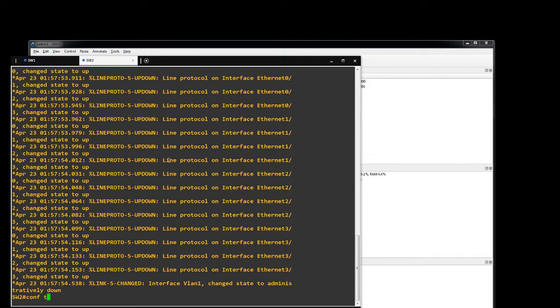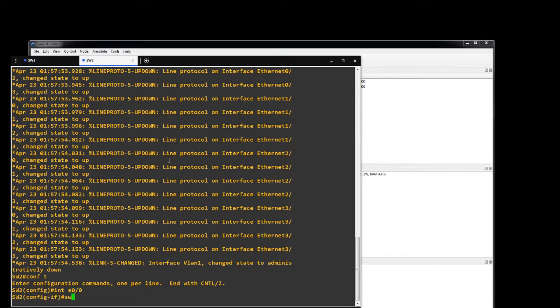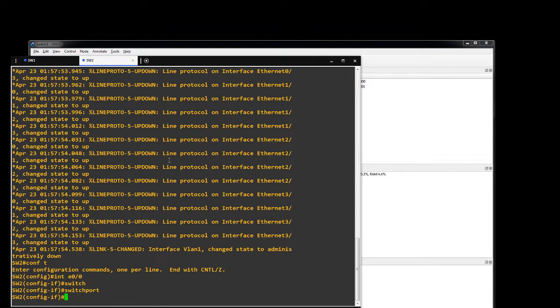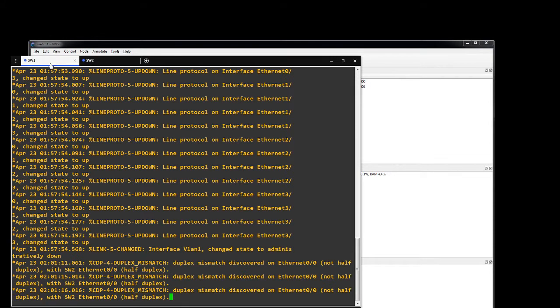The first thing we've got to do is go in here and make this a switch port, because by default it's not. And then it's going to start complaining about duplex, I think.